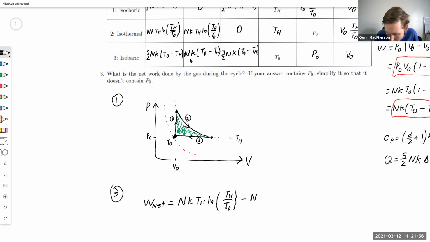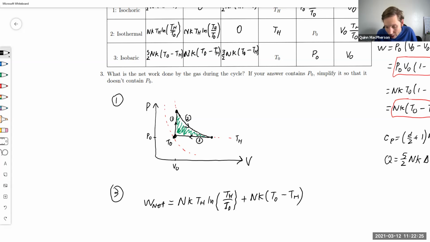minus NK times T initial minus T hot. Okay, this is a positive because I'm just adding these two together. But you will notice that this number here happens to be negative, because T hot is bigger than T initial. So this is negative. That's the bottom area here. This term here is positive.